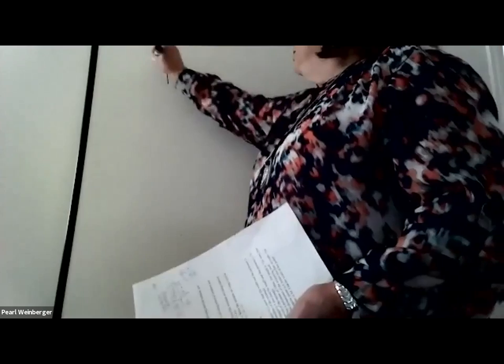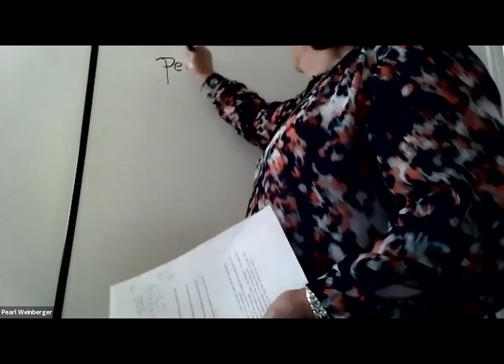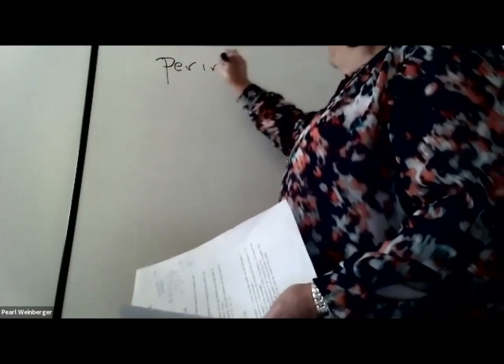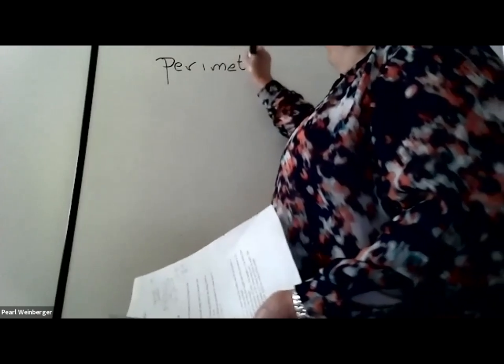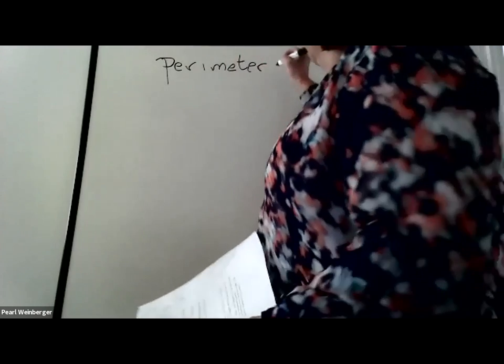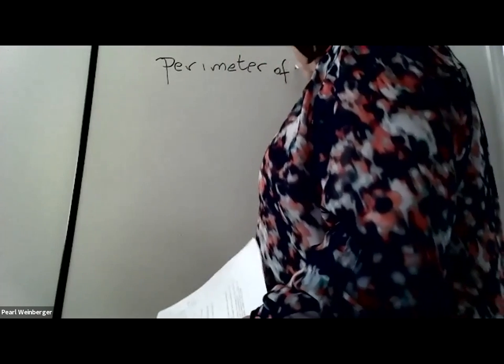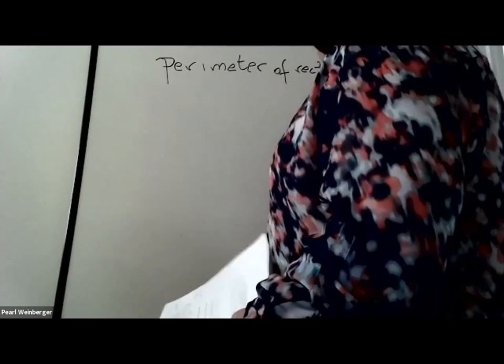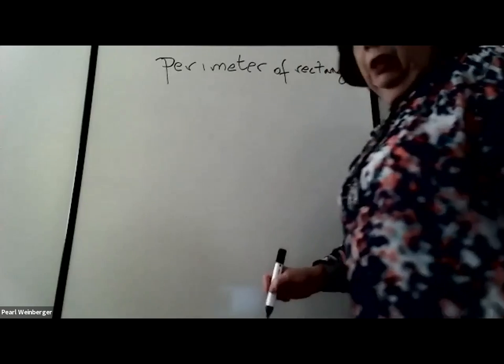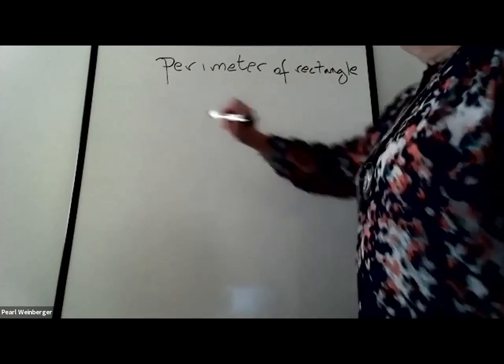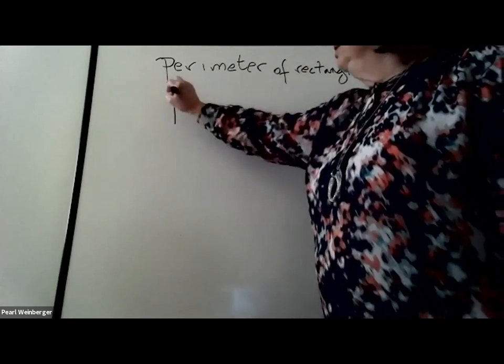So this is what's called a perimeter problem. And specifically, we're talking about the perimeter of a rectangle. Okay, what is a rectangle? I think everybody knows what a rectangle looks like.